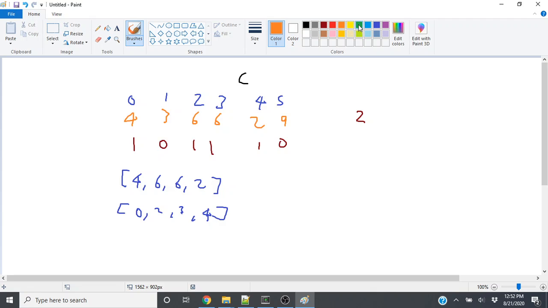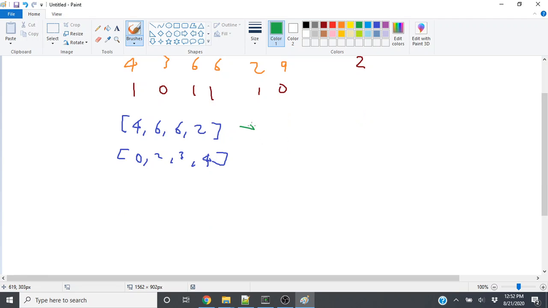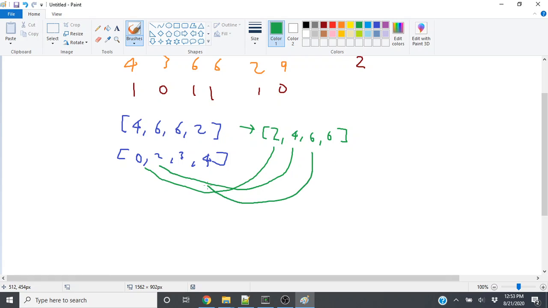So now we'll sort these. We're going to sort this, and it becomes 2, 4, 6, and 6. Then we'll just put them back in the indices. So 2 will go to index 0, 4 will go to index 2, 6 will go to index 3, and this 6 will go to index 4.